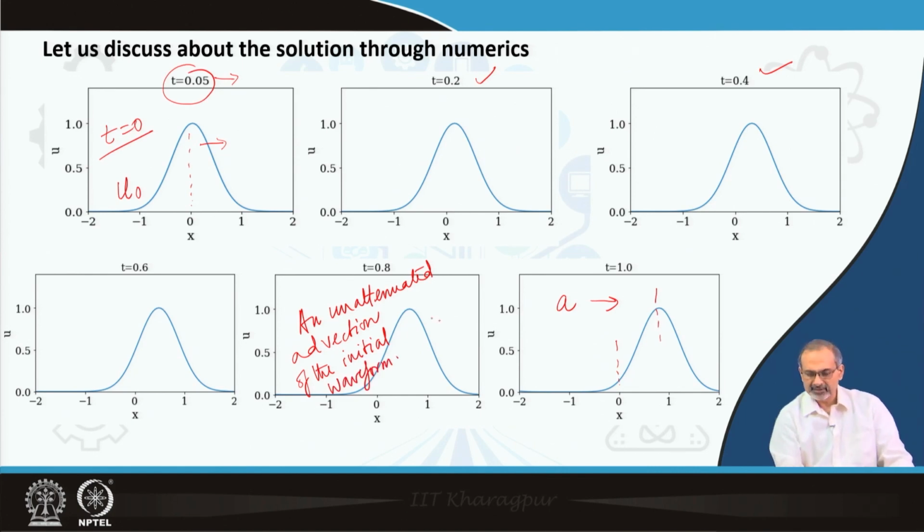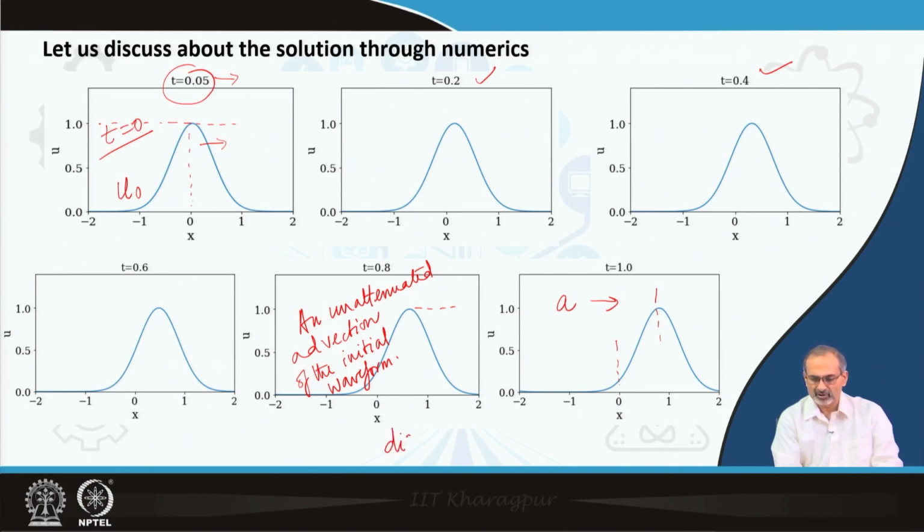So, attenuation in the sense the amplitude of the wave, because it remains at unity. In numerical schemes we may have some errors which may reduce the amplitude of the wave as the solution progresses. That is called a dissipation error, but that is not seen significantly over here. There is practically no dissipation error. If there is any kind of distortion of the waveform, that is called a dispersion error.